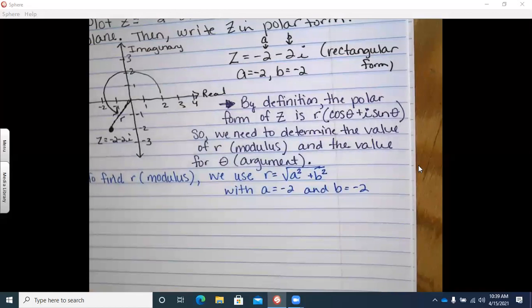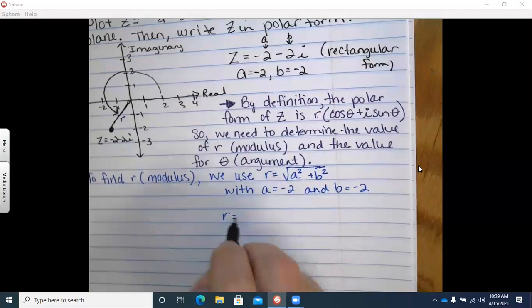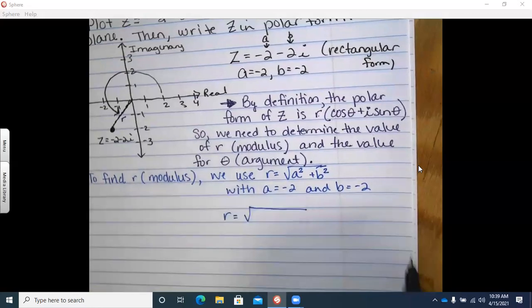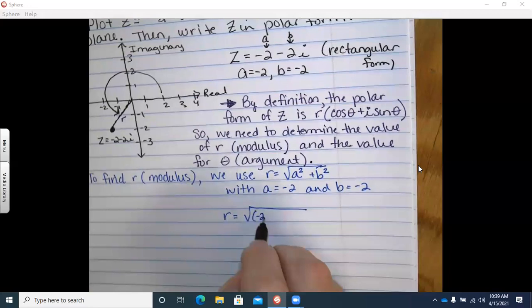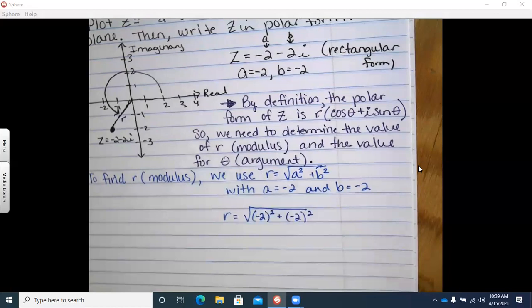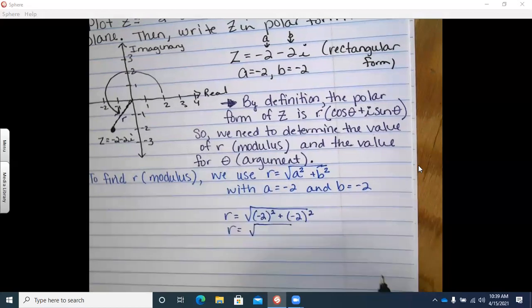So we have r equals the square root of -2 quantity squared plus -2 quantity squared. That is r equals the square root of, -2 quantity squared is +4 plus -2 quantity squared is +4. Well, that gives us the square root of 8.